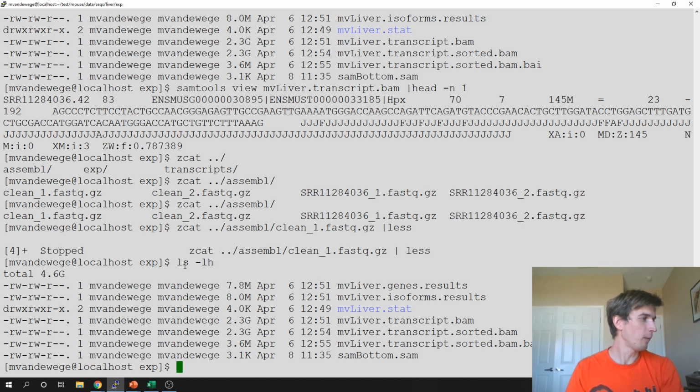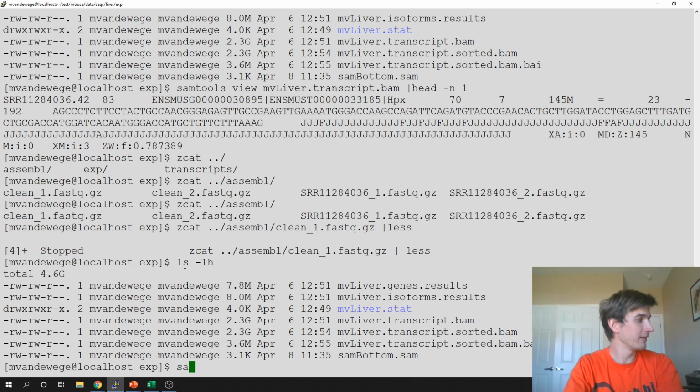And so in our raw BAM file, and I saved this for a little bit, so I have this sambottom.sam file that I made. We do keep track of every read in a FASTQ file. It may be flagged as mapped, or it may be flagged as unmapped.